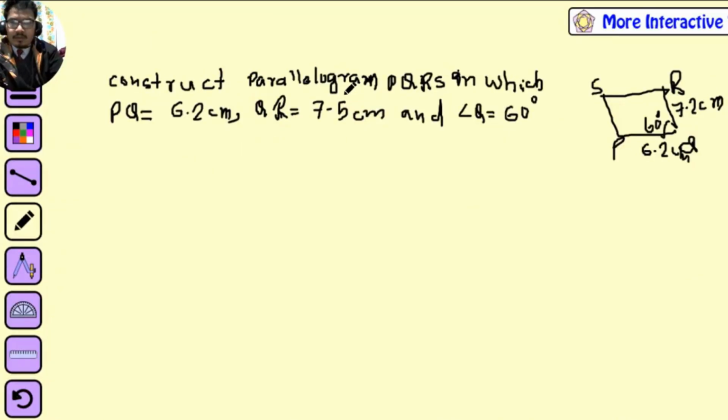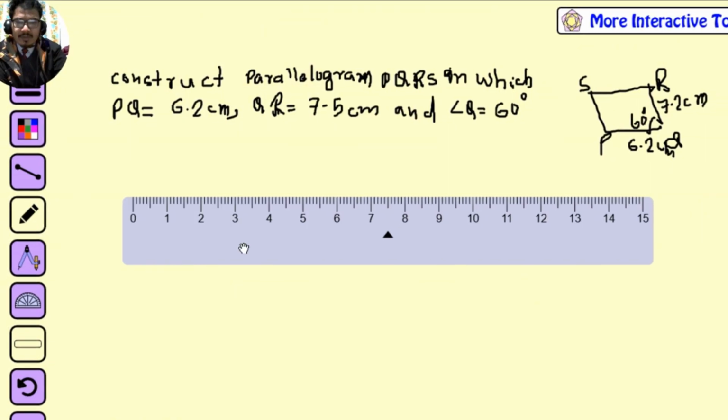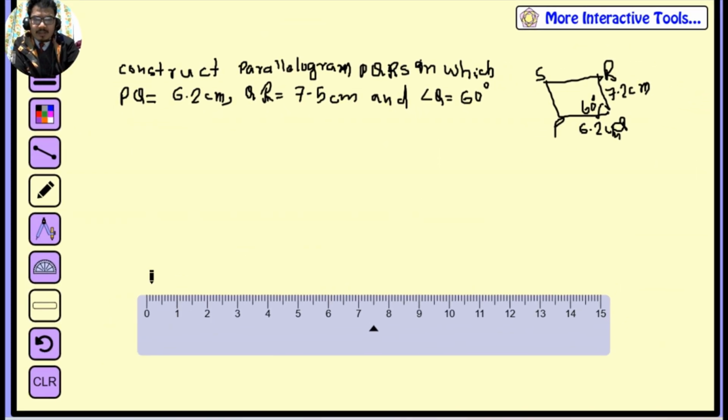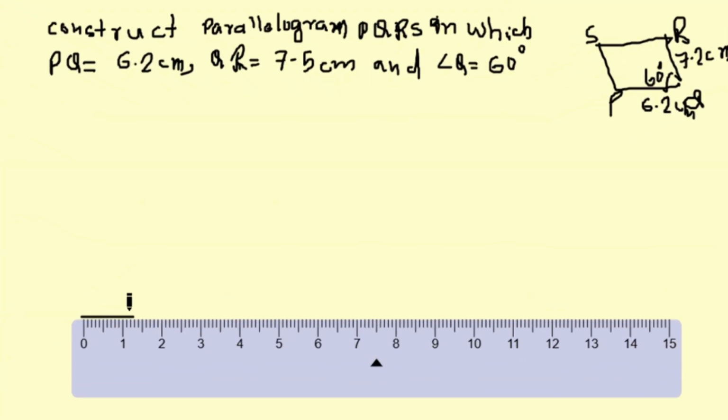Here I have taken a parallelogram PQRS in which PQ equals 6.2 centimeter, QR equals 7.5, and angle Q equals 60 degree. And in such a case, I want to show you how to construct this parallelogram. First of all, look at this rough sketch here. PQ is given there as 6.2.